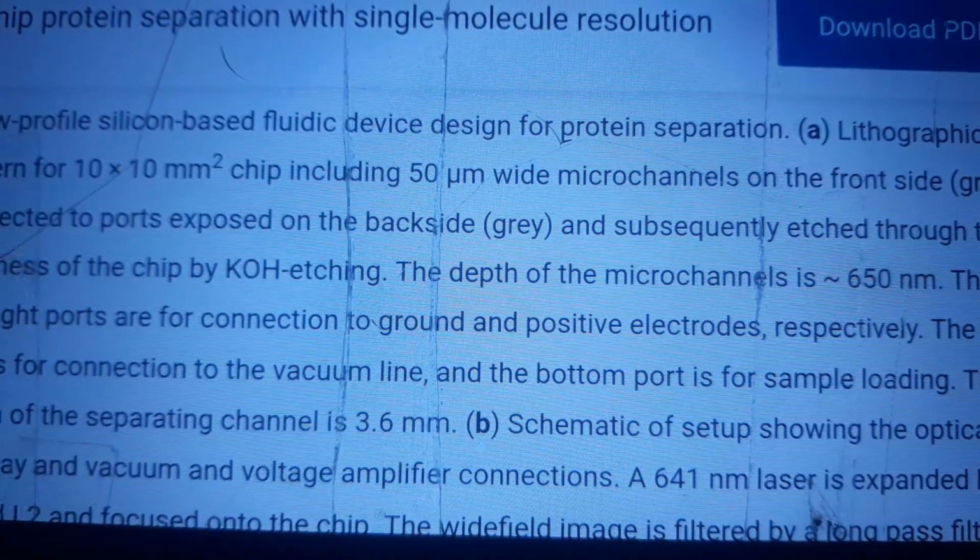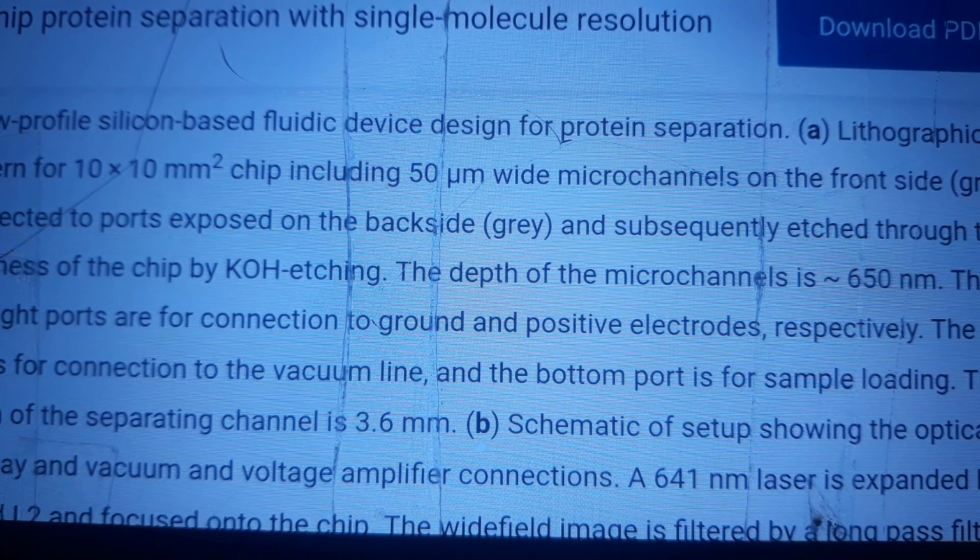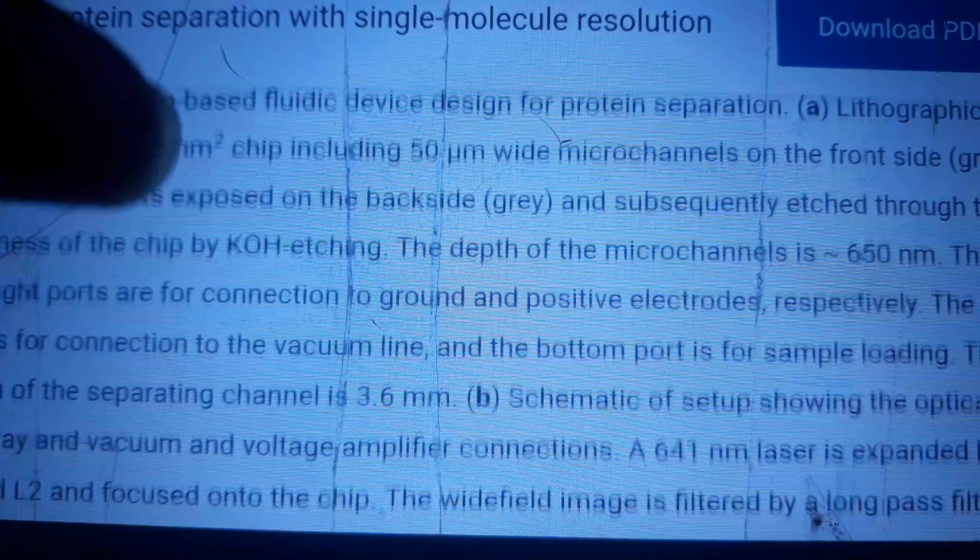A. Low profile silicon-based fluidic device design for protein separation. Lithographic pattern for a 10 by 10 millimeter squared chip, including 50 micrometer wide macrochannels on the front side, green, connected to ports exposed on the back side, gray, and subsequently etched through the thickness of the chip by KOH etching.